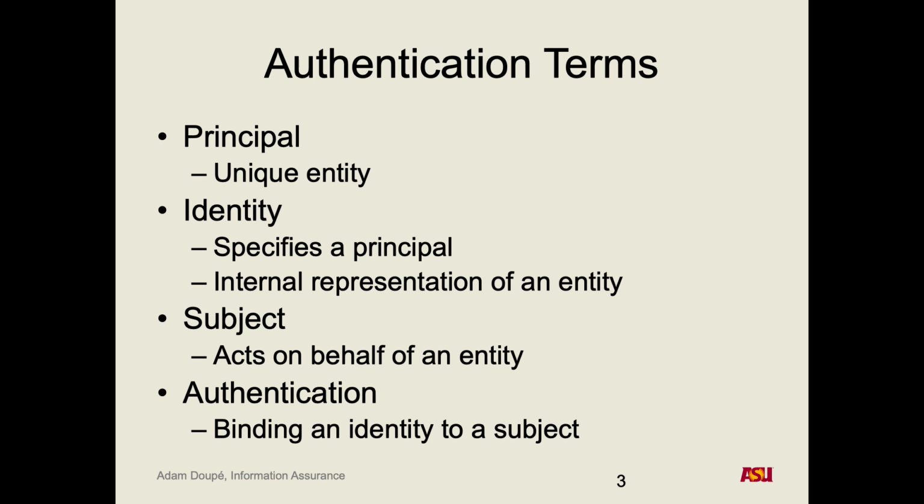Your browser, again, is not actually you. It's a software program that's running on your system. You access my ASU, and then the authentication system binds your identity, your ASU account, with your web browser, depending on the information that you give it and how it authenticates you. Does that make sense?